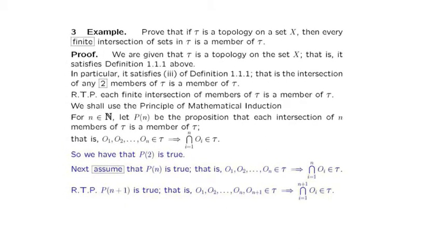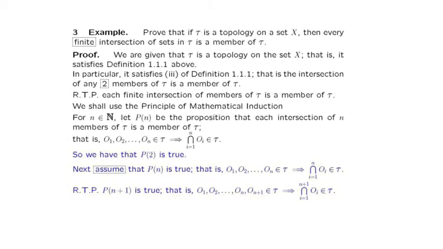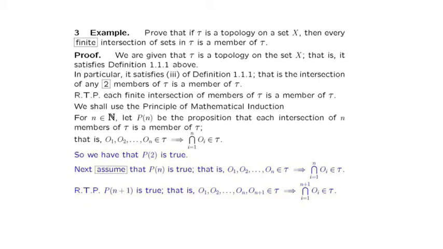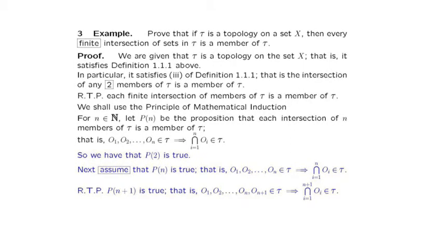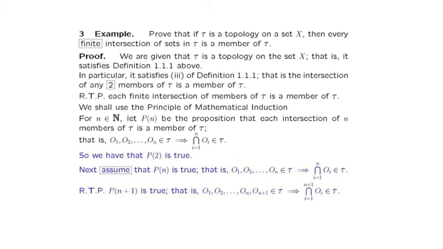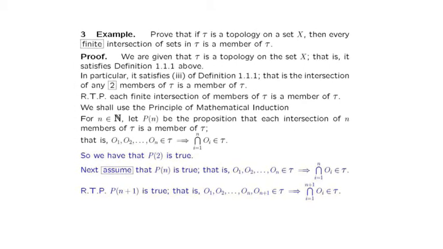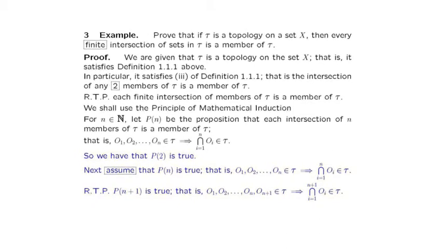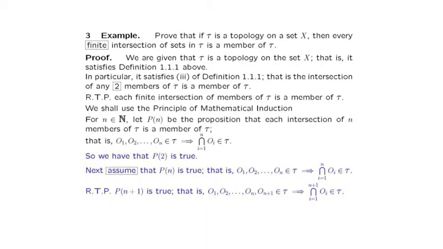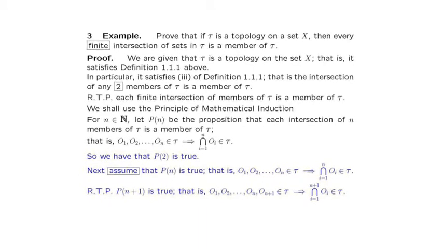We're required to prove Pn+1 is true. That is, O1, O2 up to On+1 in τ implies the intersection from i equals 1 to n+1 of Oi belongs to τ.